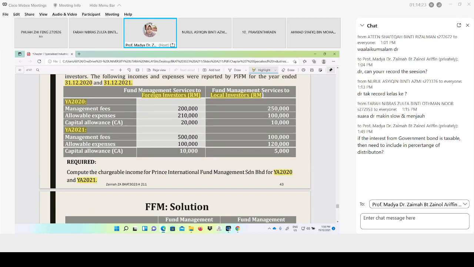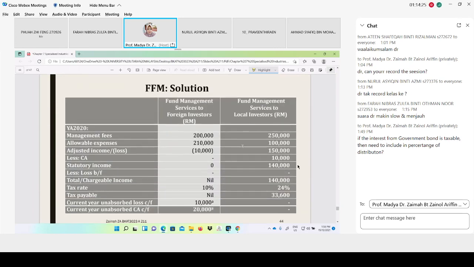Okay, look at the solution here. For year of assessment 2020, for the foreign investor, you have management fees of 200,000, and your allowable expenses are 210,000.